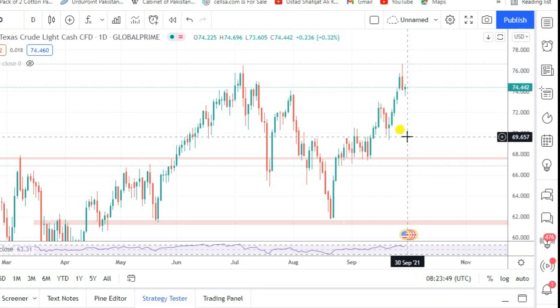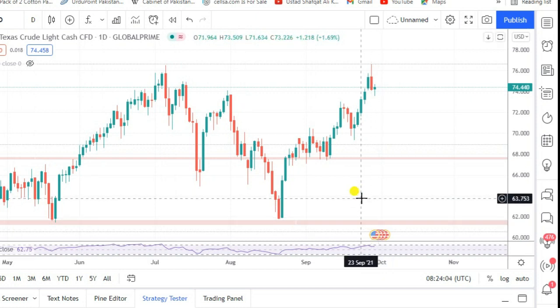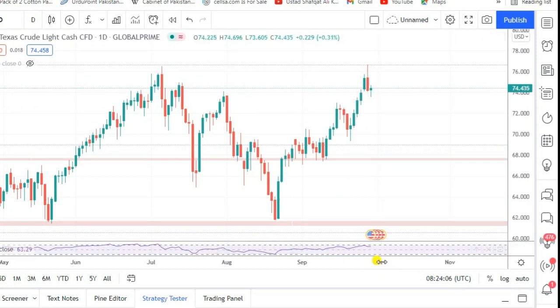So I'm looking for more upside in crude, because there are a few reasons. I would also tell you the fundamental reasons why I'm saying crude oil is going to be bullish soon. I can see that approximately $80 per barrel is still a possible figure for crude oil.